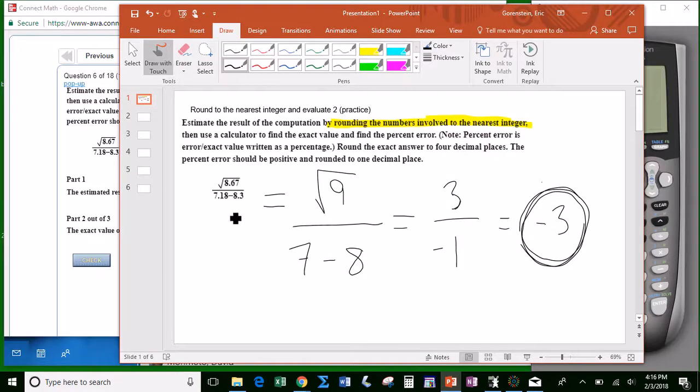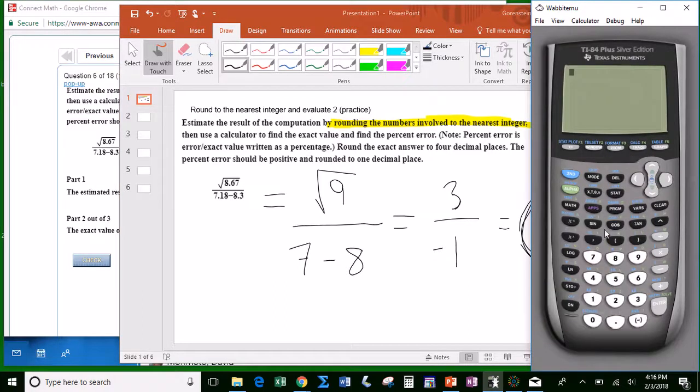So now we'll pop this exactly as it is into the calculator. I have the T84 open here. Square root, and we have the square root of 8.67.